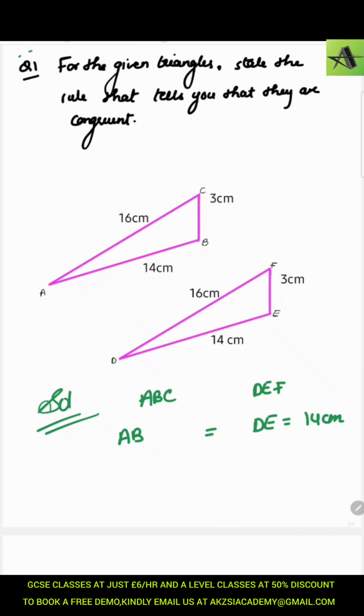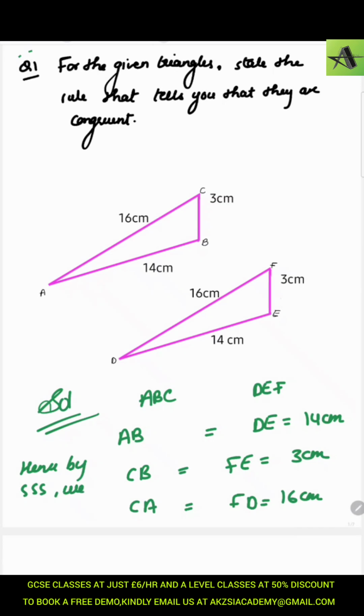Similarly, CB equals FE equals 3 centimeters, and CA equals FD equals 16 centimeters. So clearly the 3 corresponding sides are equal. Hence by SSS we can prove them congruent.